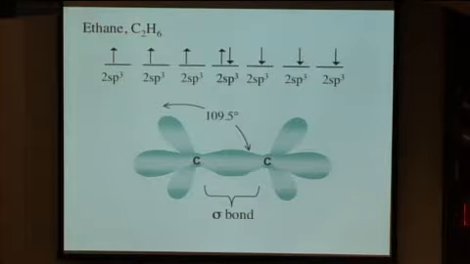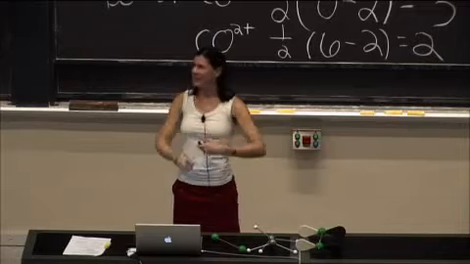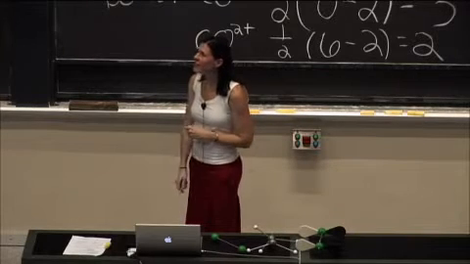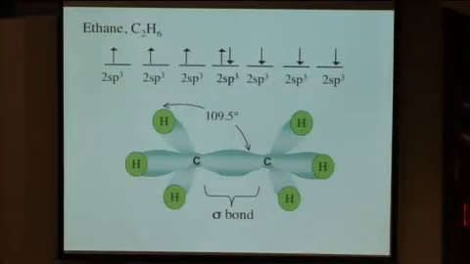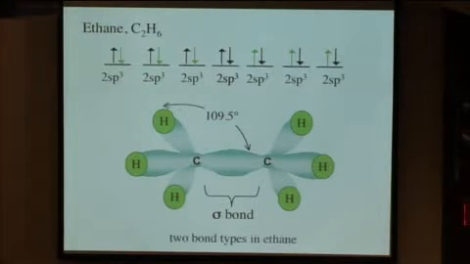They're coming together along the internuclear axis. We also have 6 spots available to form C-H bonds, so we can go ahead and fill in those electrons as well. So in terms of thinking about ethane, we actually have 2 bond types that we're going to be describing: the carbon-carbon bond and then the carbon-H bonds.